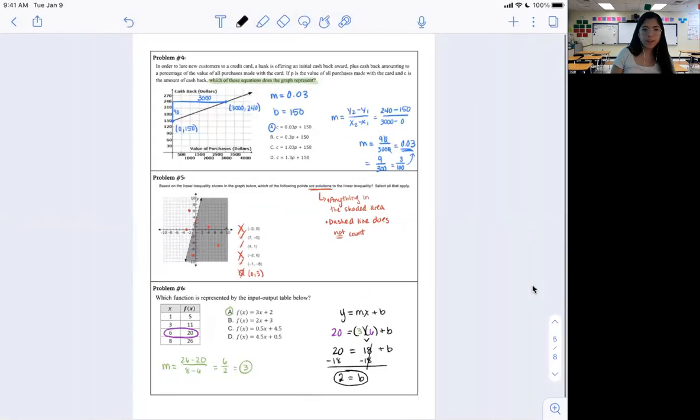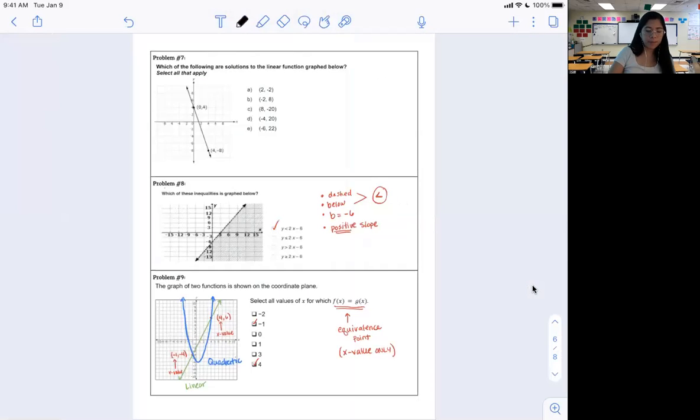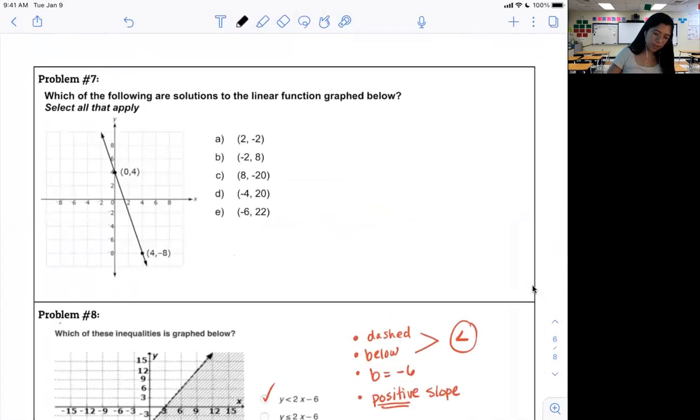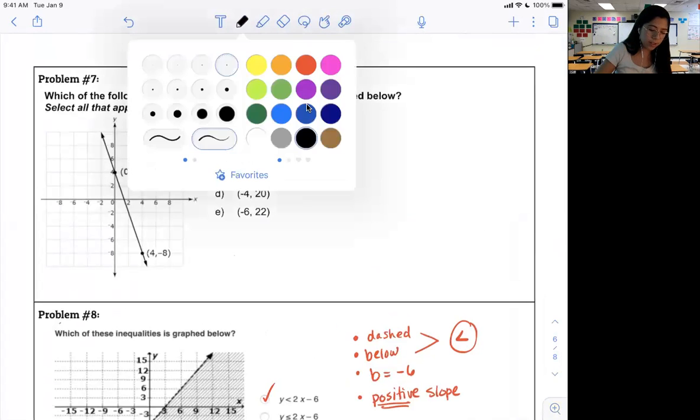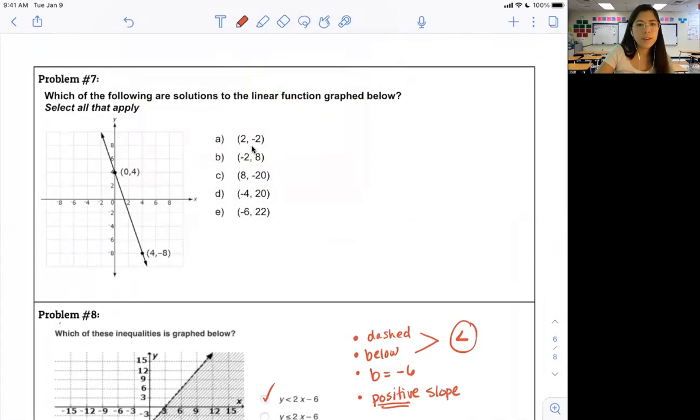Okay, cool. And then let's see, what do I have left? Number 7. Which ones are solutions? Select all that apply. We did a very similar problem yesterday. First thing you do is look for anything that's in this actual box. So 2, -2, in or out?